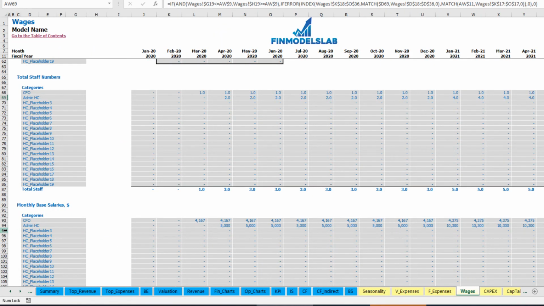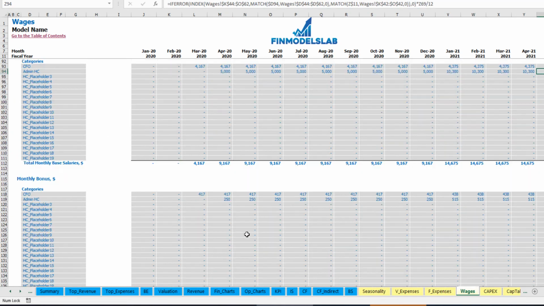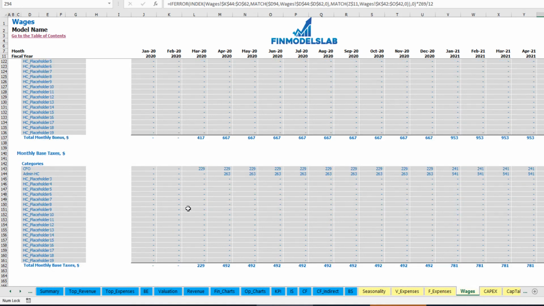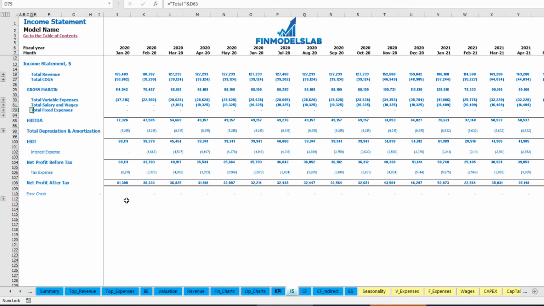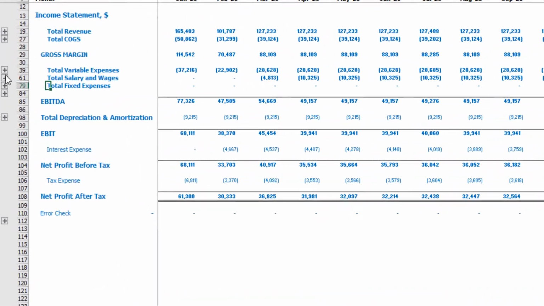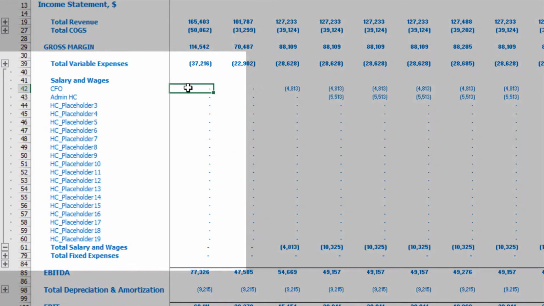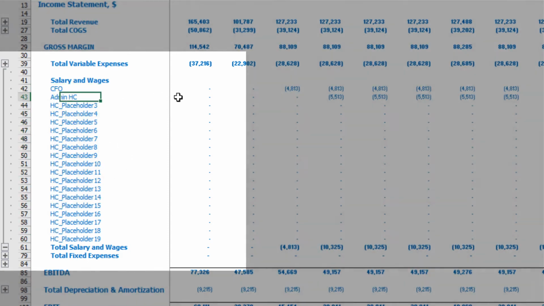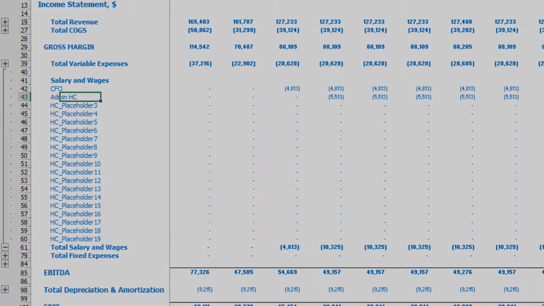Again, calculation of salaries, calculation of bonuses, and calculation of monthly based taxes. You may see in the income statement total salaries and wages, and here you may see the total amount of bonuses, payroll taxes, and wages for these headcounts.